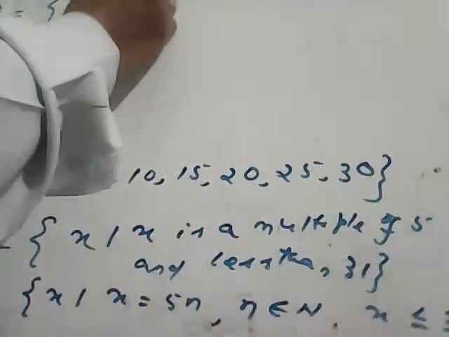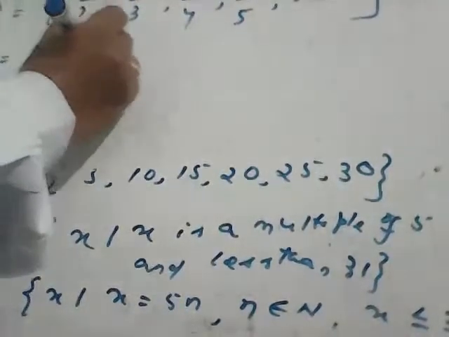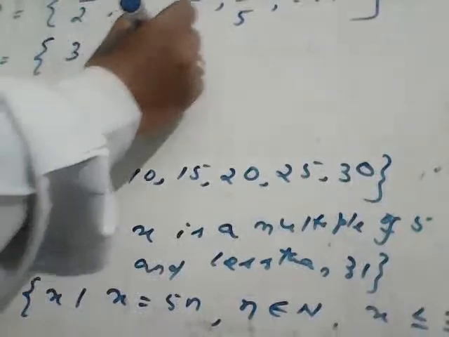D is another set, written in this way: 1 by 2, 2 by 3, 3 by 4, 4 by 5, and so on. Another set E: 3, 6, 9, 12, and so on.